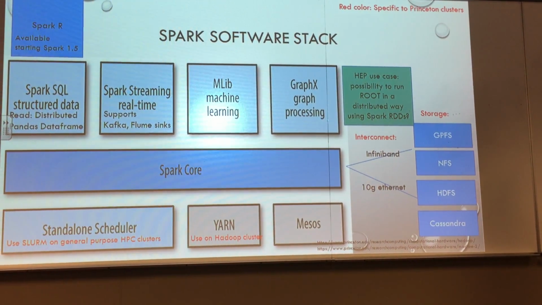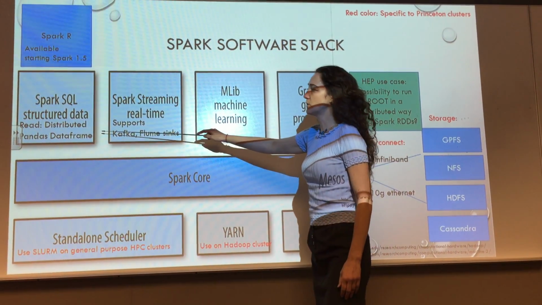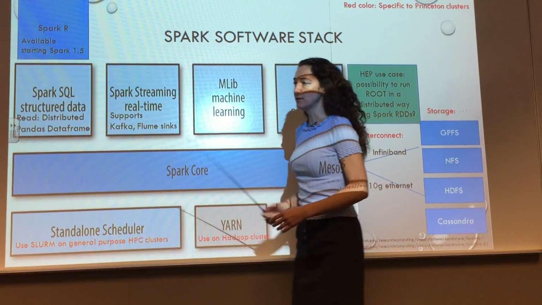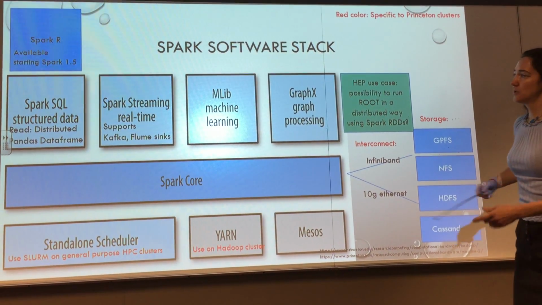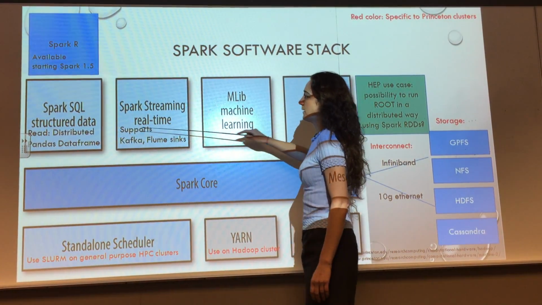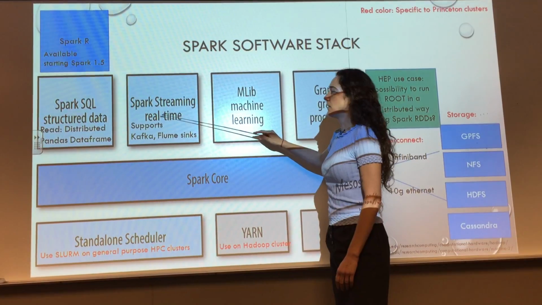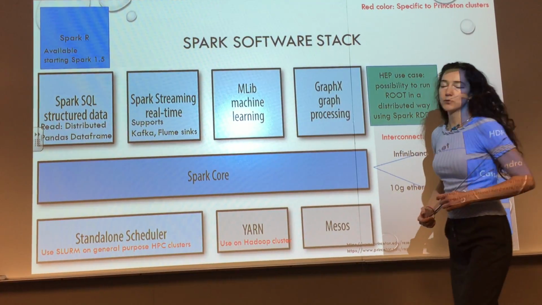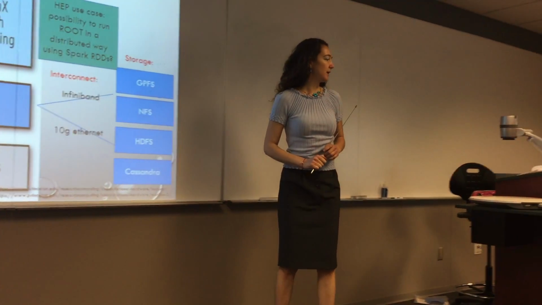So the libraries that it provides, as we mentioned, it has support for SQL, structured data, so it can read Hive tables and JSON tables and other tables, and run SQL queries on them. Then the Spark Streaming, the real-time streaming engine. So it supports Kafka, which is another Apache project designed especially for getting incoming streams of data.